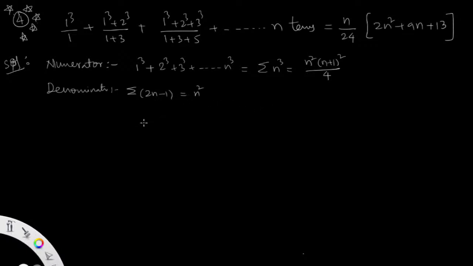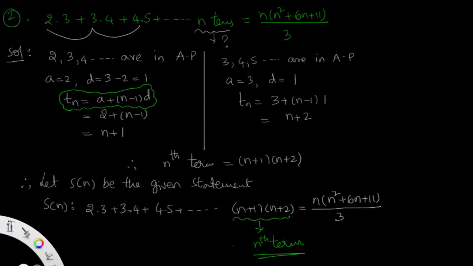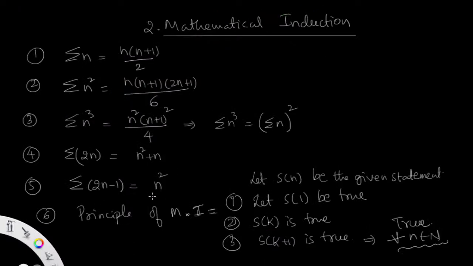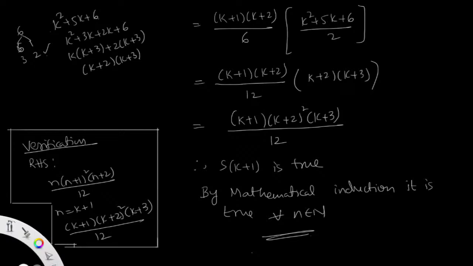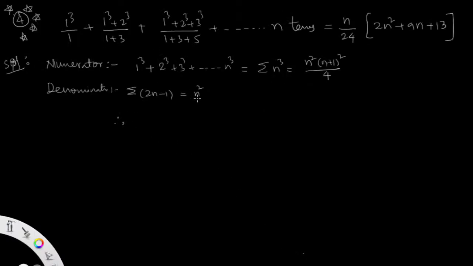We already found that: the summation of odd numbers, sigma of 2n minus 1, is n square, while sigma of 2n is n square plus n. That is why we have written n square directly.